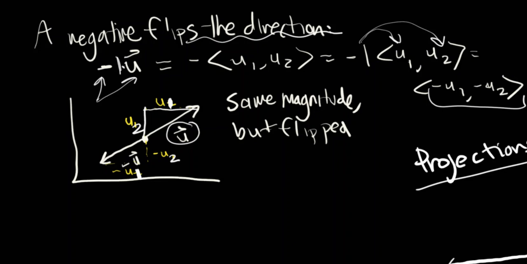Now, if we take the negative of the vector, you notice that the direction flips and goes like a 180-degree turn. Our components are switched from positive to negative. So we're moving down now, a negative delta y, and we're moving to the left now, a negative delta x.